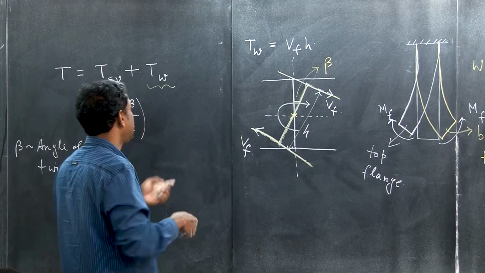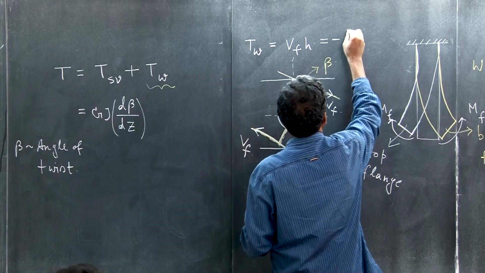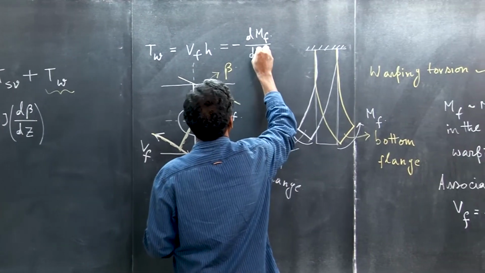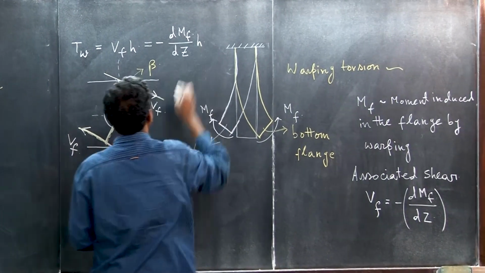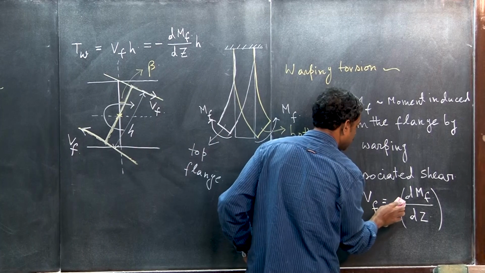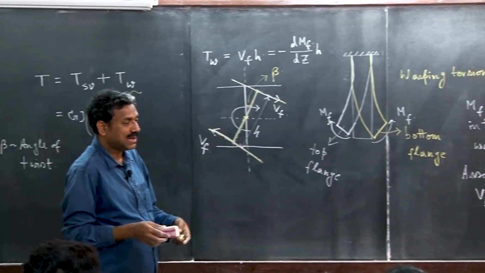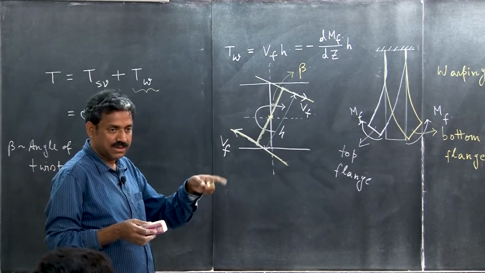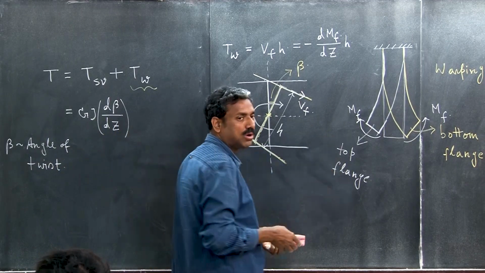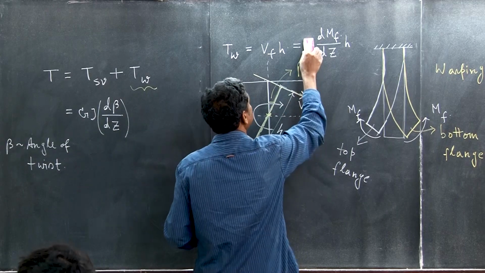The warping component is nothing but Vf, and Vf is once again minus dMf by dz into H. Or it is not essential, you can also write it to be positive here, sorry. V is equal to dMf by dz, with a negative sign. If this negative sign comes here, then of course m is equal to minus there; in one place it will be there depending on the choice of your coordinate, right. I am not going into those things right now, okay. Let it be like that, okay. Fine.